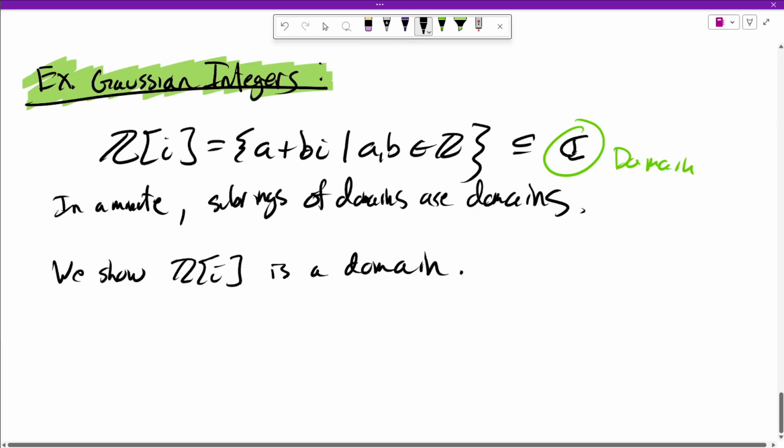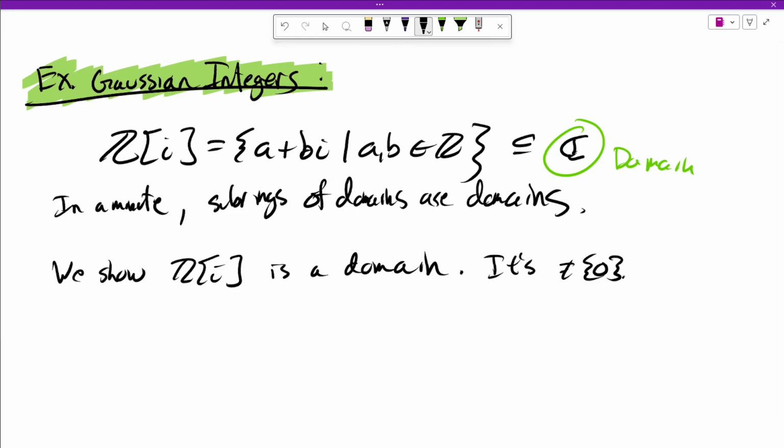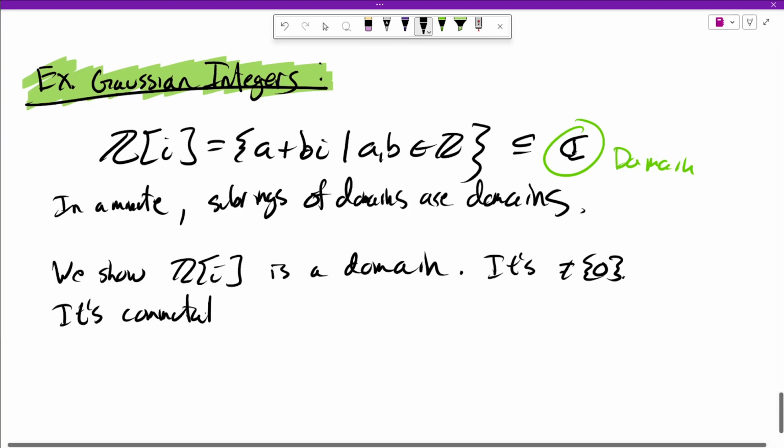We can't be the zero ring, so it's non-zero. We have to be commutative. We're a subring of a commutative ring, so therefore we're commutative. And then we have to show that there's no zero divisors. All right, so that's going to be the involved part.